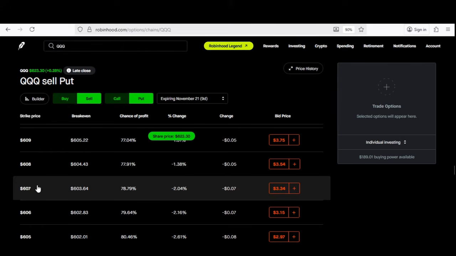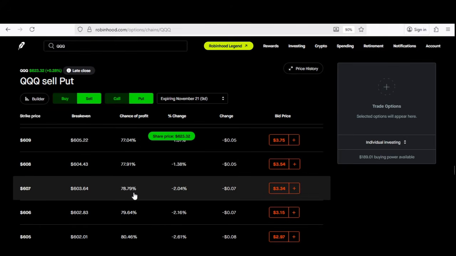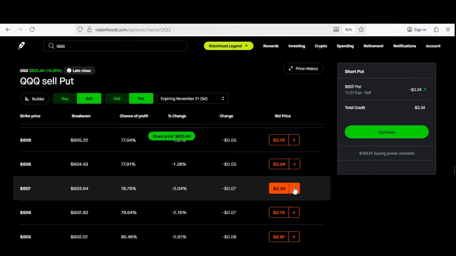The reason I'm going with the 607 strike price is because it represents what's known as the expected move. Again, if you don't know what that is, just check out the two videos before this. With the 607 strike price, that gives us a fairly decent chance of profitability. As you can see, chance of profit at the top here, a 78% chance of profit is not that bad. Let's select that.